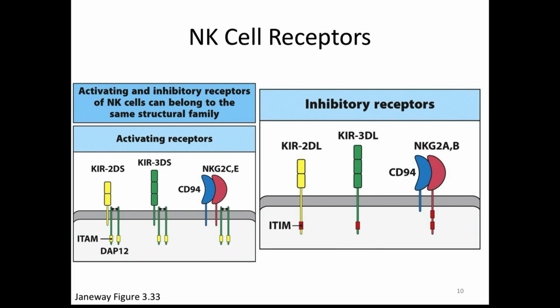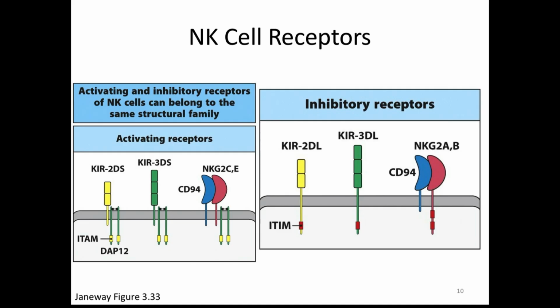Shocking to no one, the activating receptors turn on the NK cell. They activate the NK cell, while the inhibitory receptors turn off the NK cell. The activating receptors all involve a signaling partner with a domain called an ITAM, which you have seen earlier this semester.